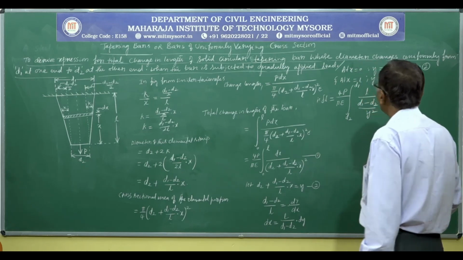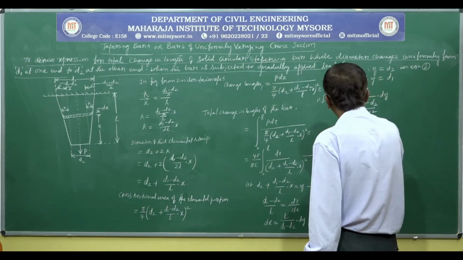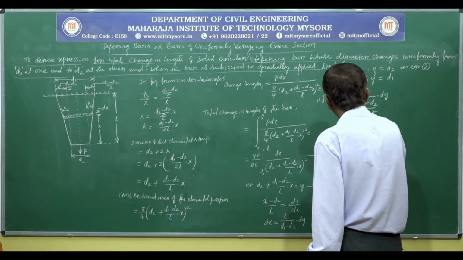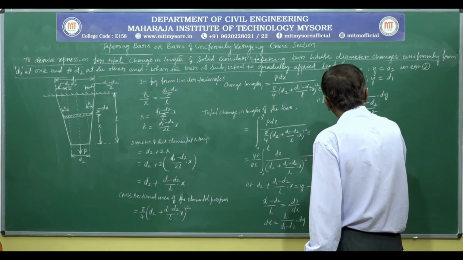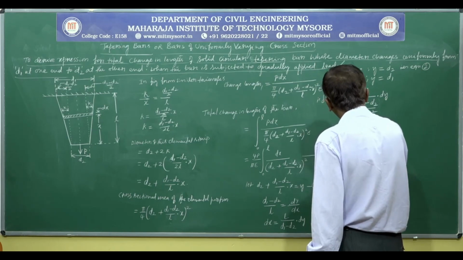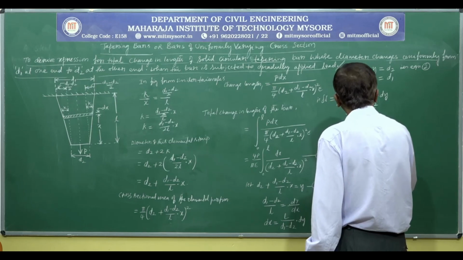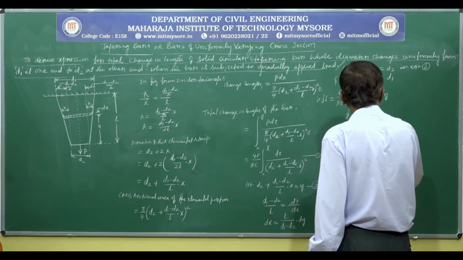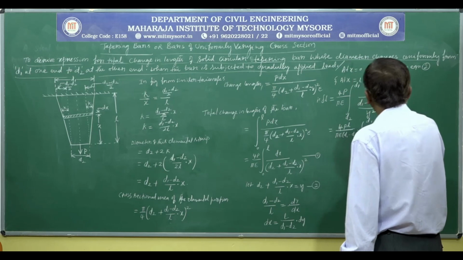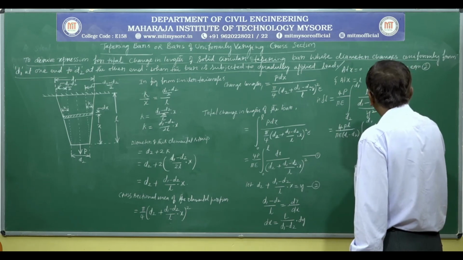Here we can take 4PL outside, and pi E (d1 minus d2) also outside, so it is the integral from d2 to d1 of dy by y square.